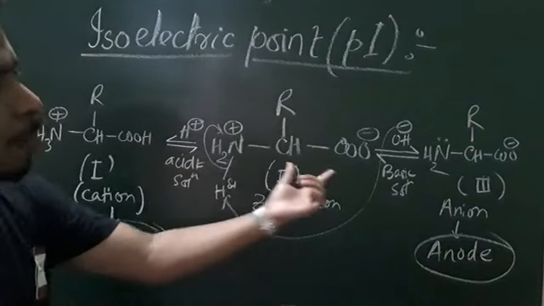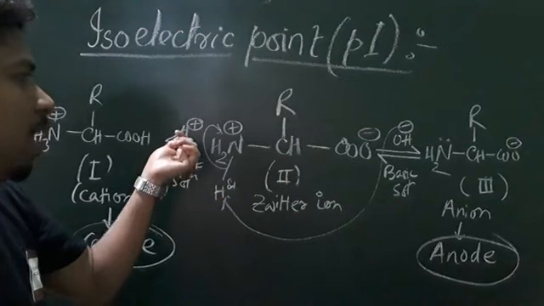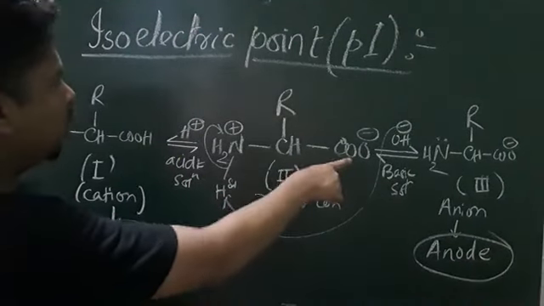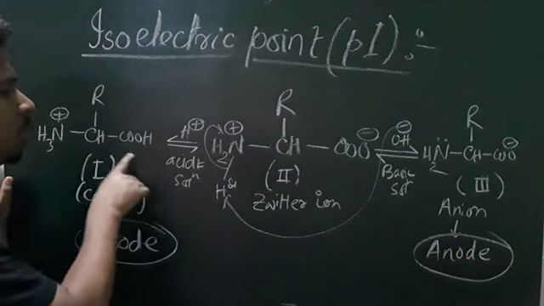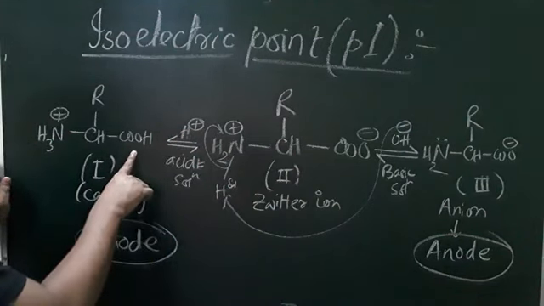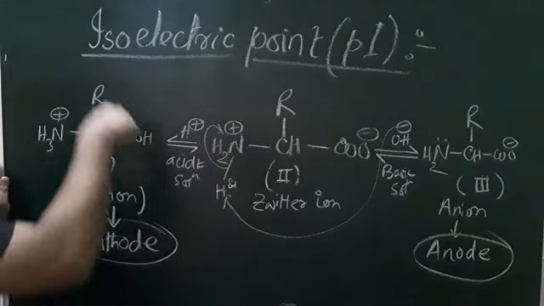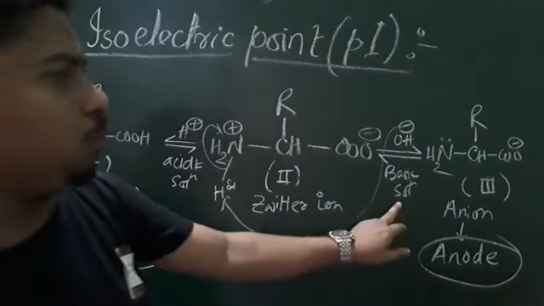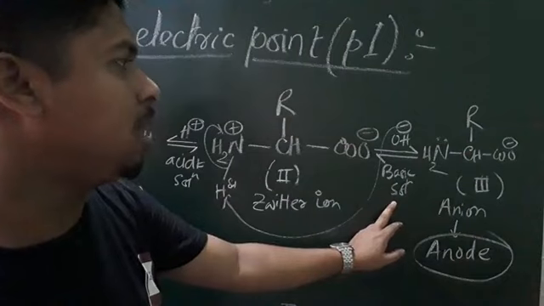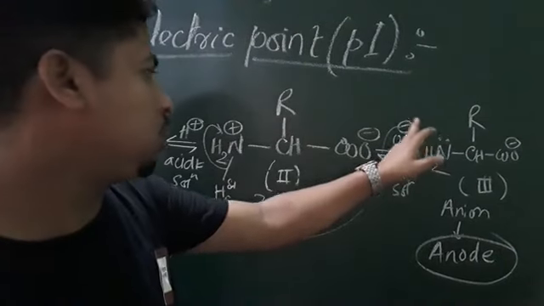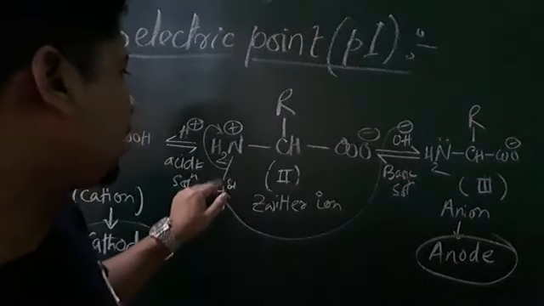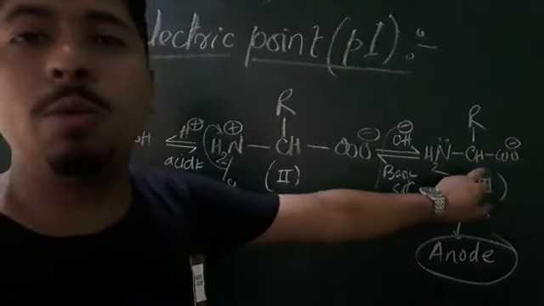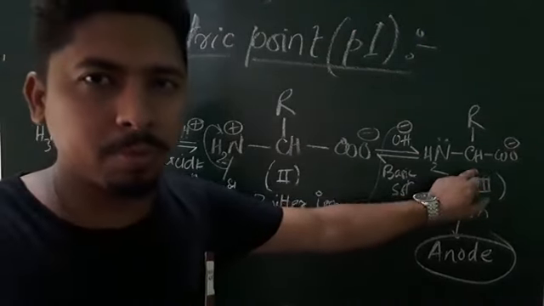So this dipolar ion will abstract a proton H plus from this acidic solution, and this COO minus will take this H plus and become COOH. So it will exist as a cation, and in presence of basic solution, this OH minus will abstract this proton H plus from this NH3 plus, and it will convert into an anion.